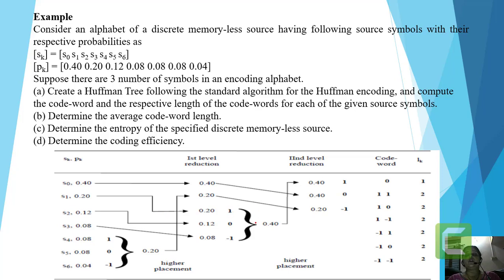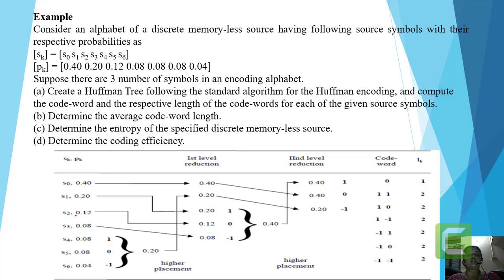This is involved in the combined probability of 0.40. It has been taken over here. Assignment of 1. We have to trace back for the bits to be found in backward order. So the first value is 1. This is tracked over here. We are tracking for the first 0.20, so it is tracked with another value of 1. So its code word is 11 and length is 2.